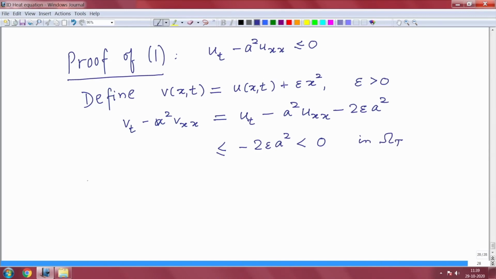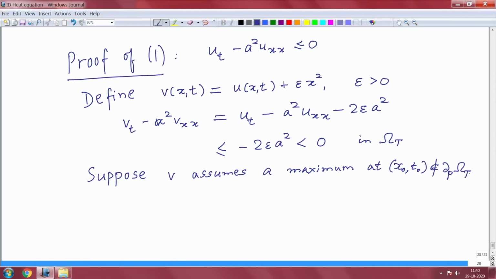So, now suppose v assumes a maximum at x_0, t_0 that does not belong to the parabolic boundary.